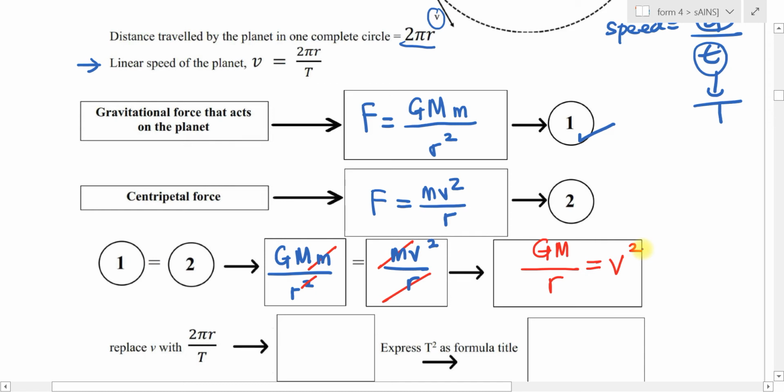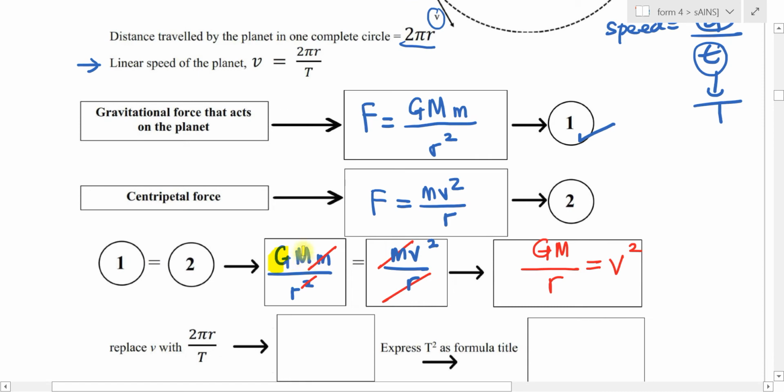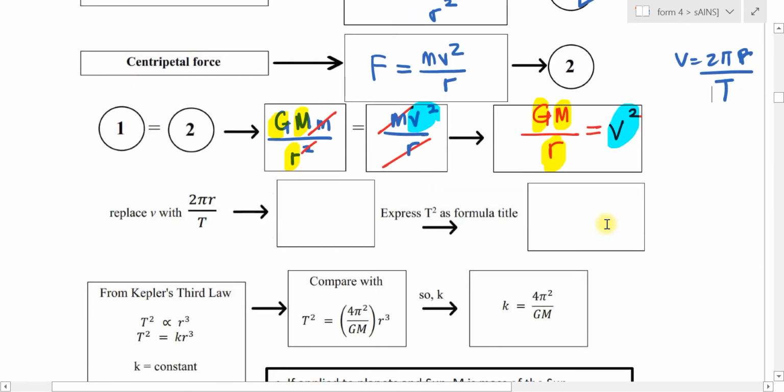Okay. Kita ada apa? Tengok G M over R equal to V square. Kita kutip apa yang ada. Okay. Baik. Lepas tu kita jadi kompleks lagi. V kan kita tahu tadi. V itu apa dia? 2 pi R over T kan. We now want to replace already.